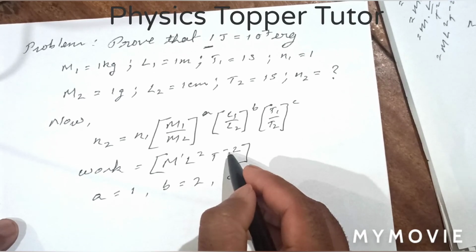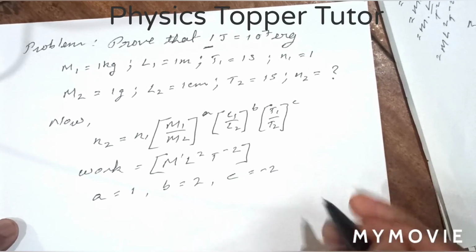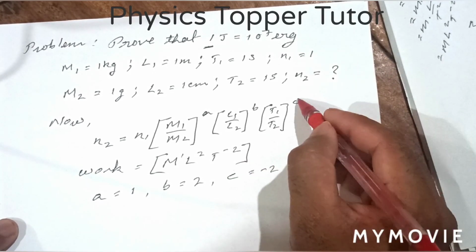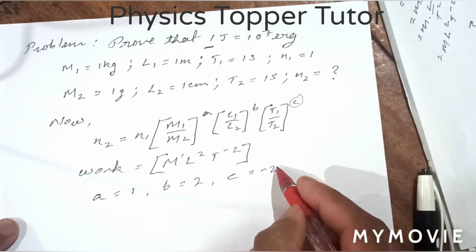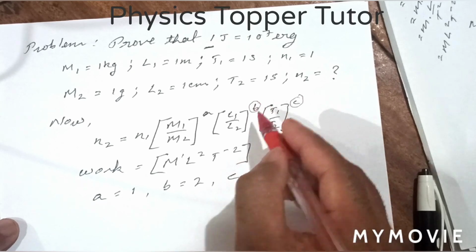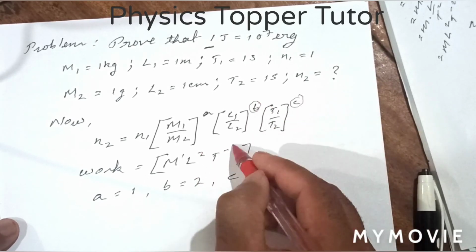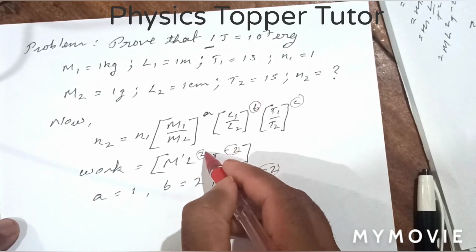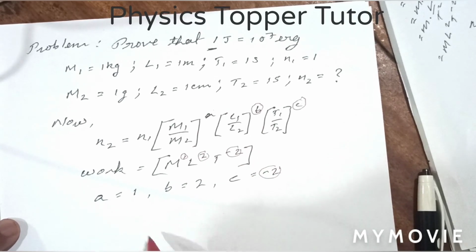C will be equal to minus 2. Okay, so you can see like this. C is minus 2, B is 2 and A is 1. Okay, so this is very important.